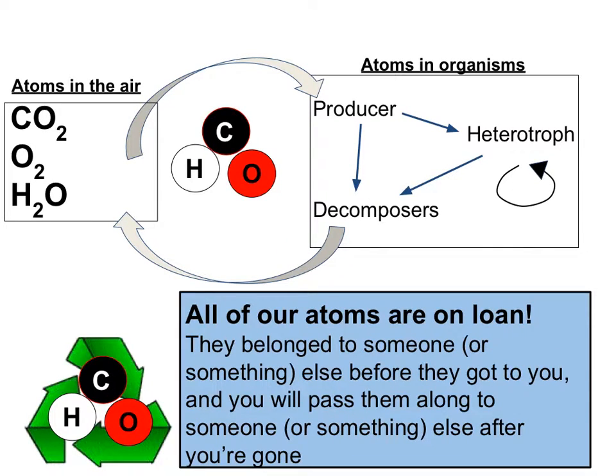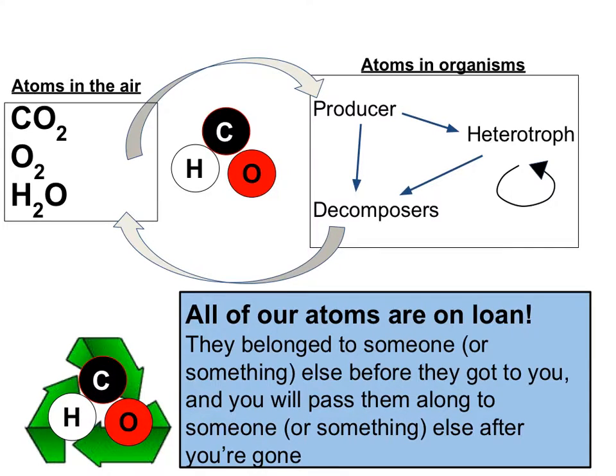That really means that all the atoms that are in you right now are just on loan. They belonged to someone else or something else before you, and they will leave your body at some point and go to something else.